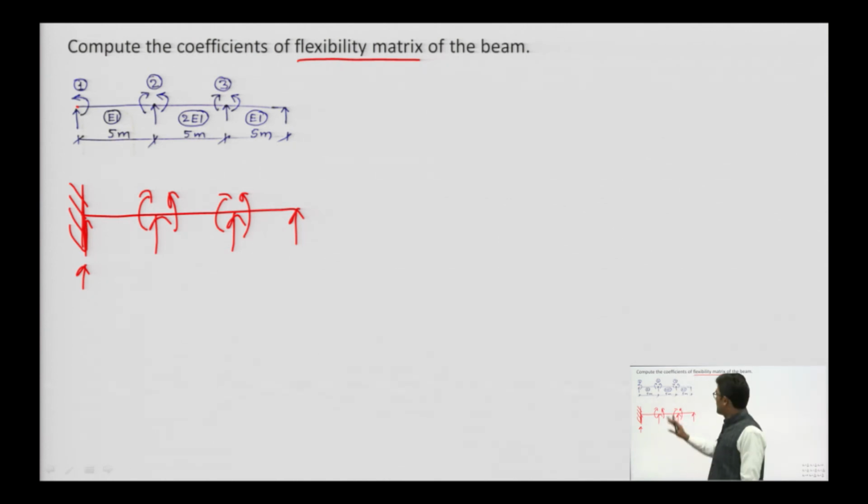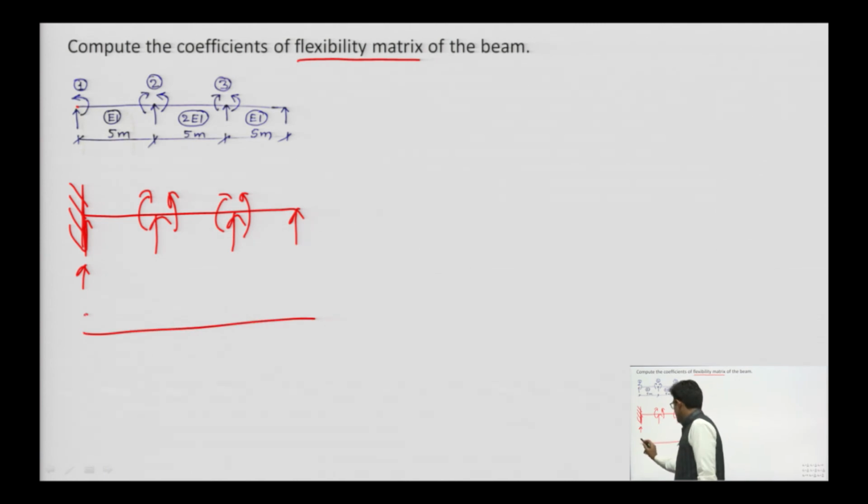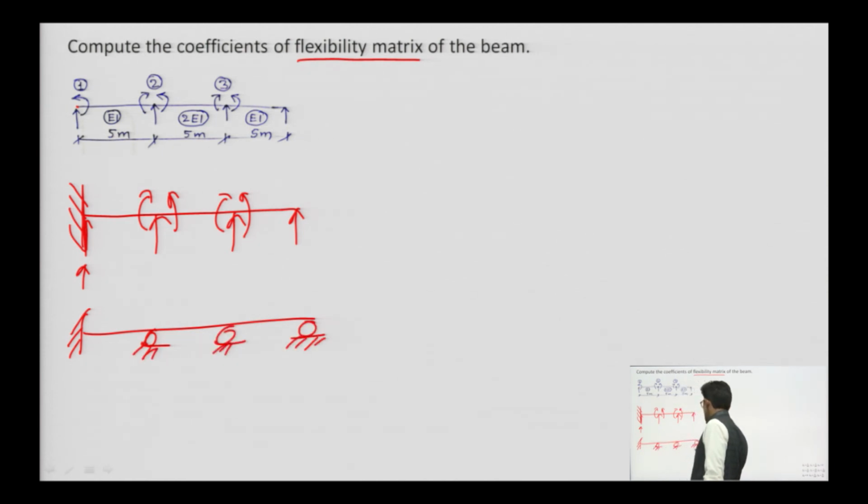So the condition of the actual beam is this: this is a roller support, this is a roller support, and this is a roller support. This is the actual beam condition.